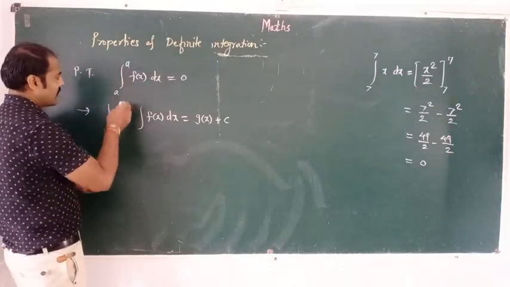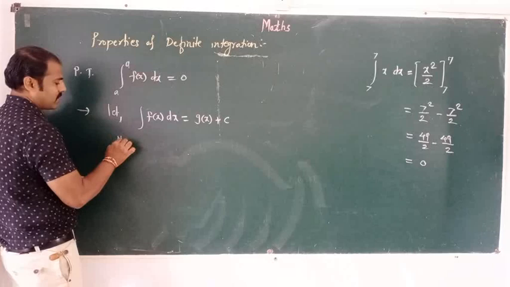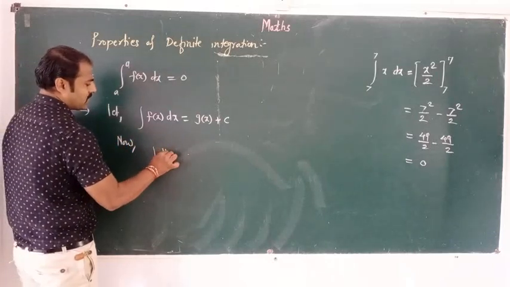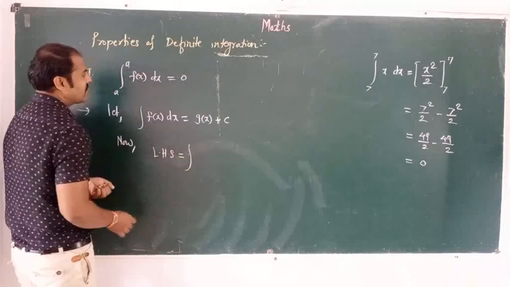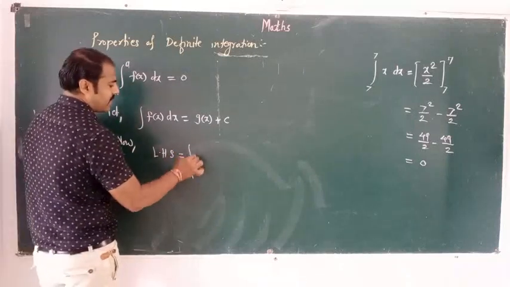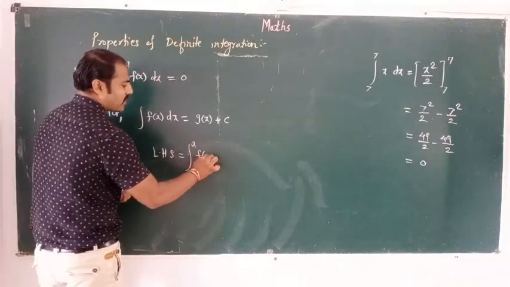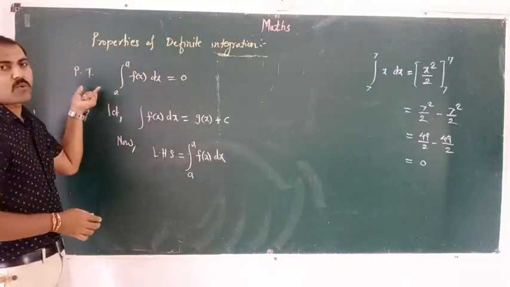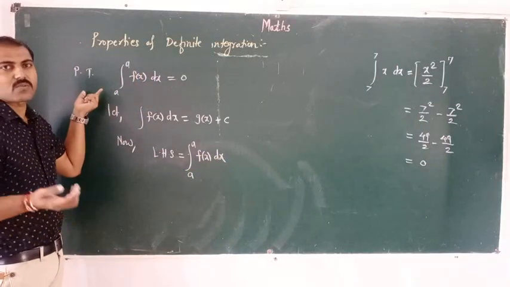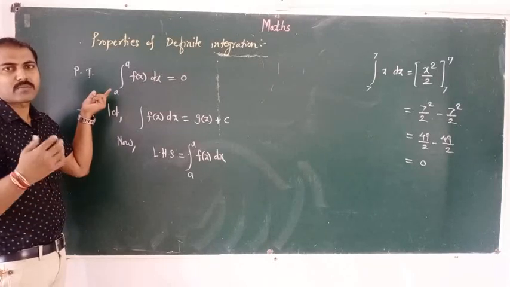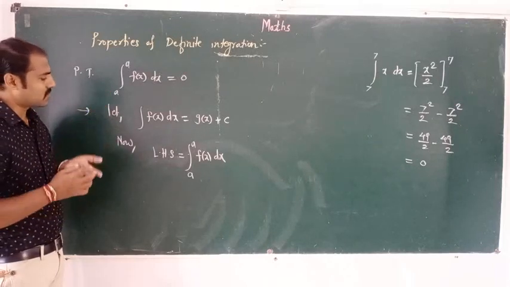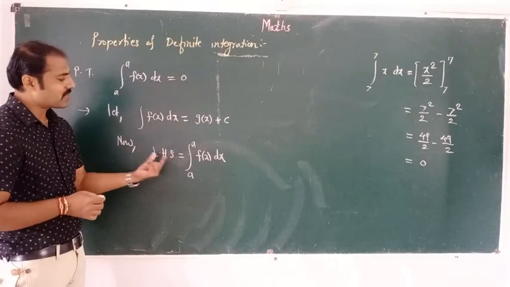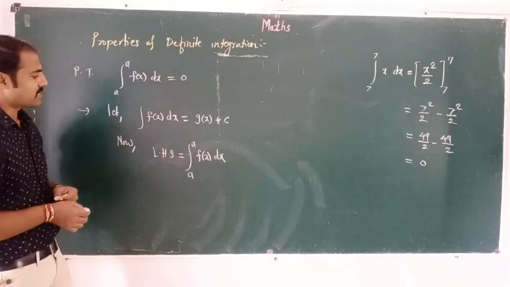Now LHS is equal to what? LHS is here the integral a to a f of x dx. In most examples we take LHS and show RHS. So I can consider here LHS is equal to the integral a to a f of x dx.